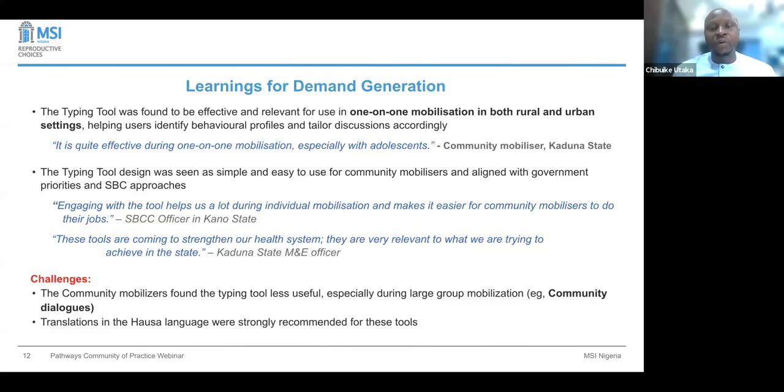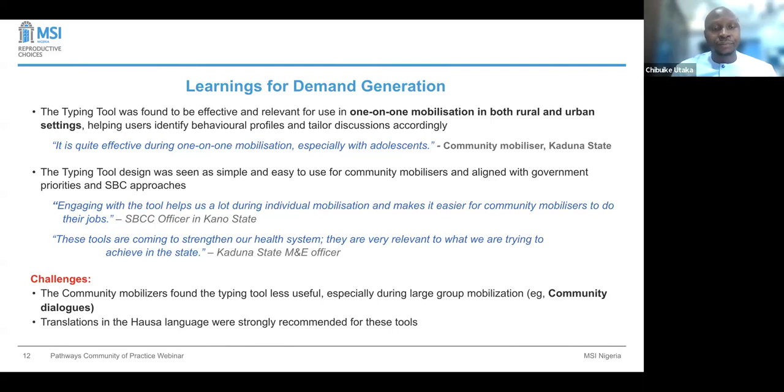As you can see, one of the community-based mobilizers in Kaduna State said it's quite effective during one-on-one mobilization, especially with adolescents also. So beyond even the larger profiling, they found it to resonate with adolescents in their mobilization as well.